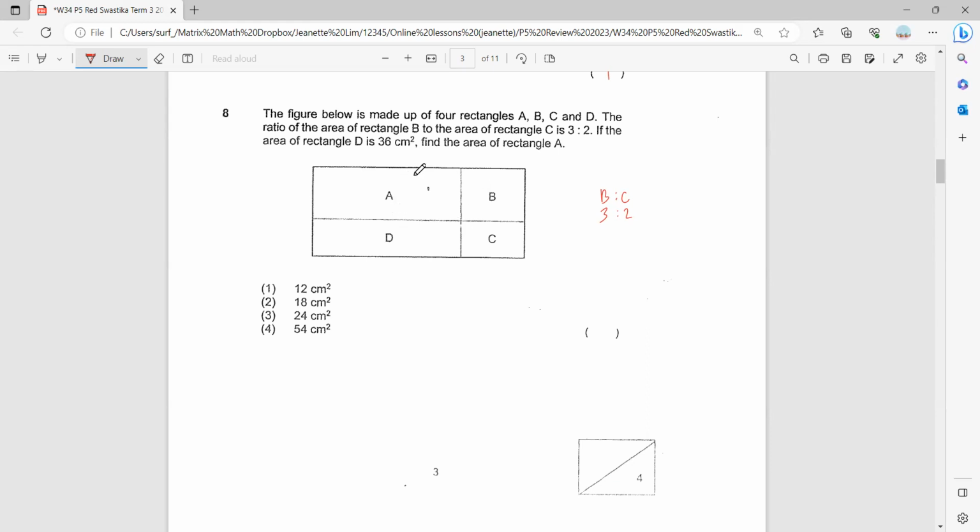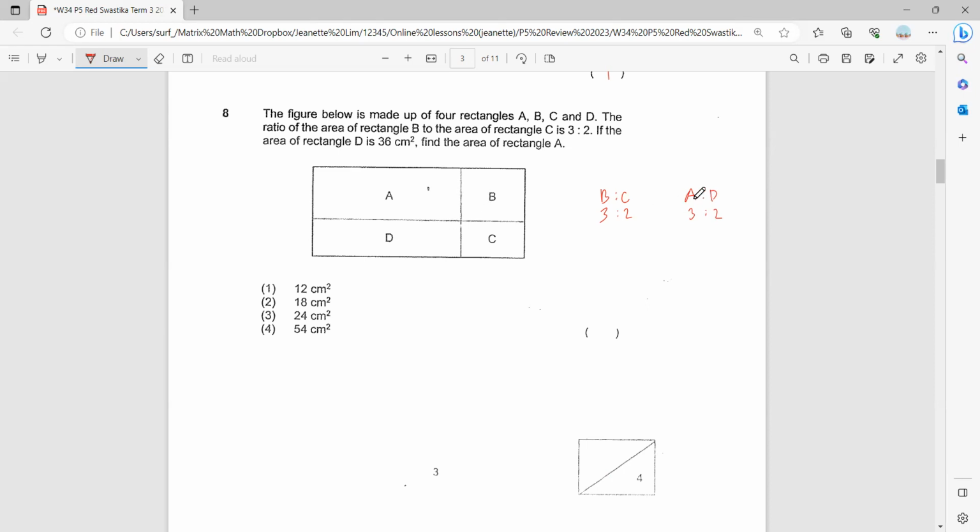If you compare the proportions, A can be a few times of B, D can be that equal number of times of C. If you simplify the ratio A to D, you will end up with the same ratio 3 to 2. So the simplest form for the ratio of A to D is 3 to 2 as well, because the proportion is the same.